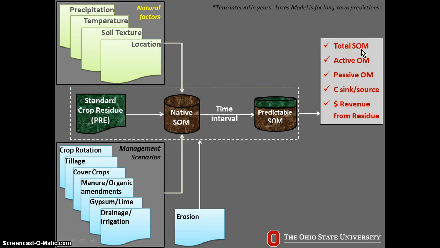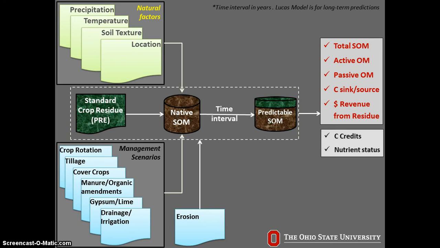It also gives you the active and passive fraction of the organic matter, and then the carbon sinks and sources. Also it gives you the revenue generated due to residue removal, for example removing the corn residue for bioenergy purposes or any other commercial purposes, and how much of revenue you would get because of that.